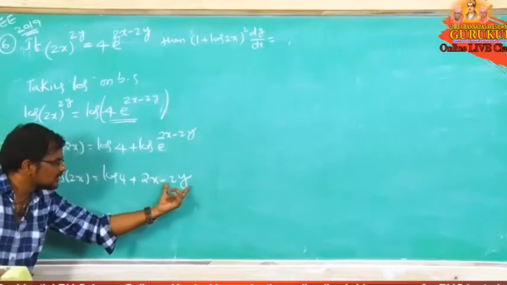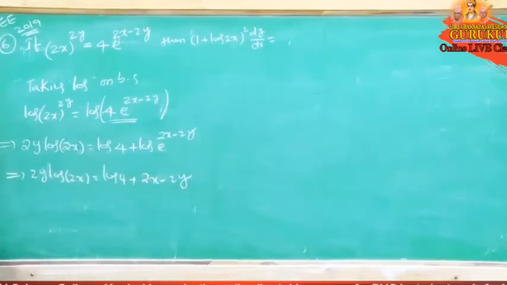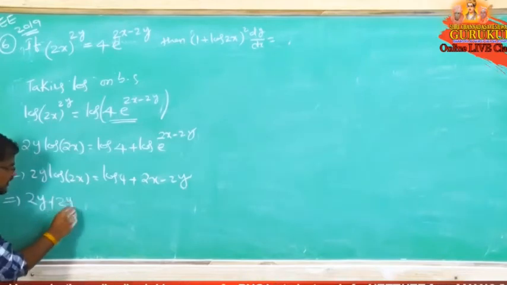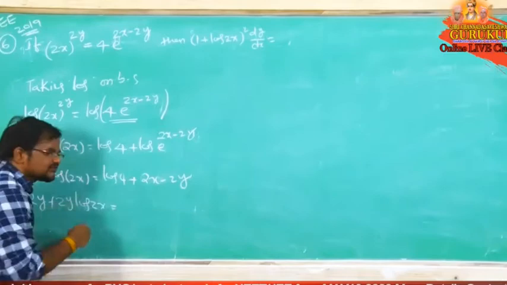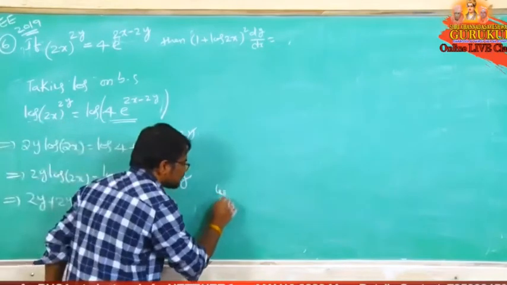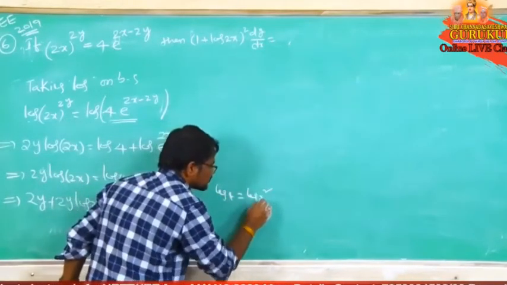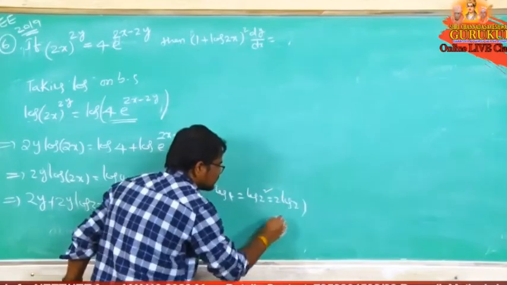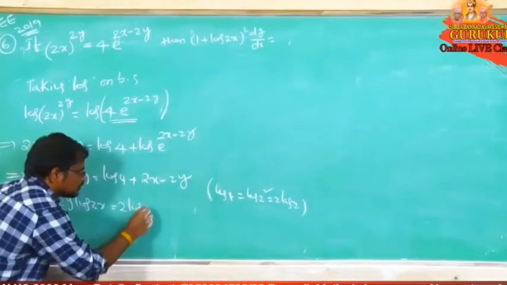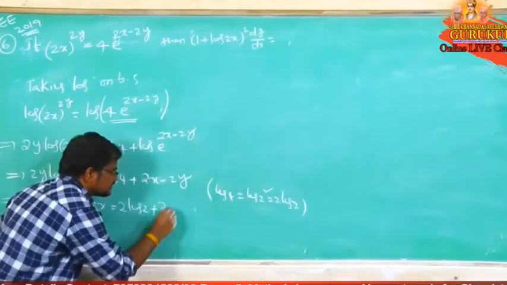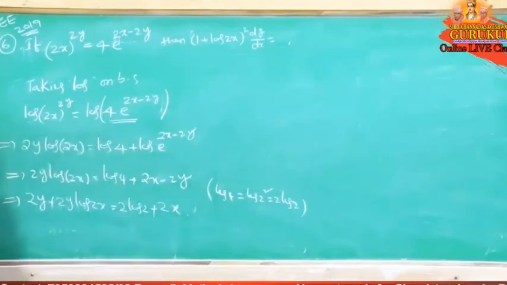Here also this minus 2y, if you bring this side, plus 2y into log 2x equal to, can you write this log 4, how to write? Log 4 equal to log of 2 square, that is equal to 2 log 2. So 2 log 2 plus 2x, right?